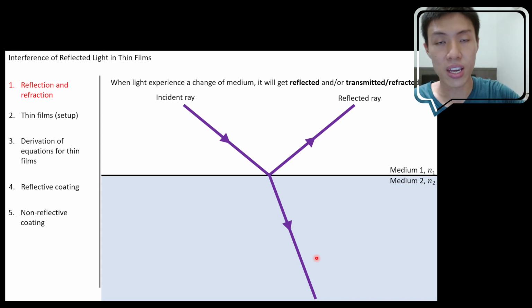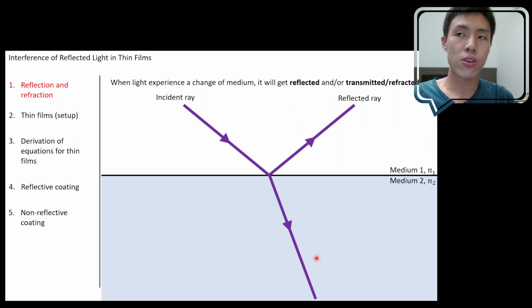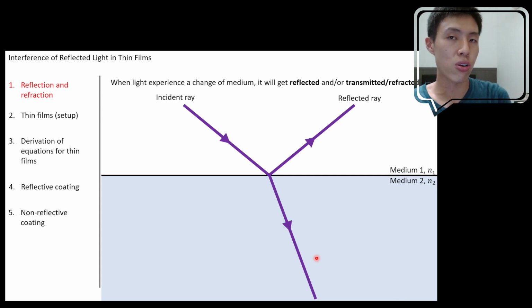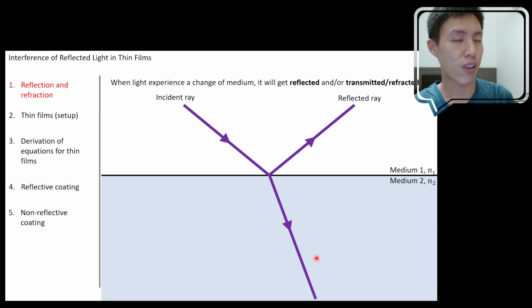That's a refracted ray. But at the same time, you are also able to see light reflected off the glass, and therefore you see your own reflection. So when you encounter any kind of boundary, it's usually a combination of reflection and refraction. Of course, for certain materials you have a greater proportion of reflection and a smaller proportion of refraction, such as a mirror. In a mirror, almost all of the light gets reflected, and a very minimal amount gets refracted.